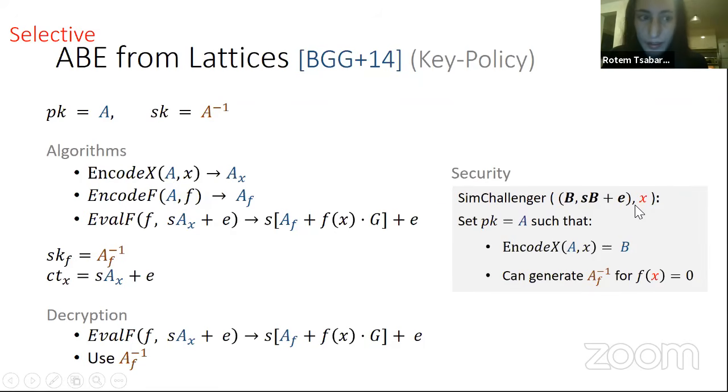So instead of choosing a random matrix A as the public key, we will generate the matrix A in such a way that if we compute Encode X of it for the given X that we already know, we will end up with the matrix B that we got as the challenge. In that way, we can provide the adversary with an LWE challenge with respect to B when it queries for an LWE challenge with respect to A sub X, because that would be the same matrix.